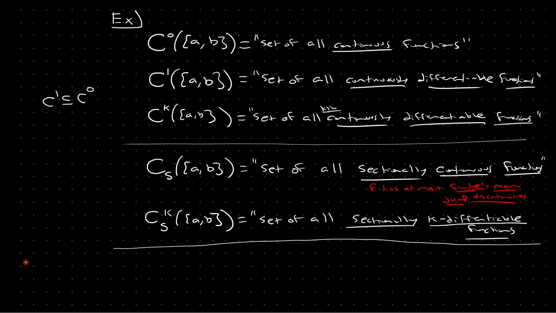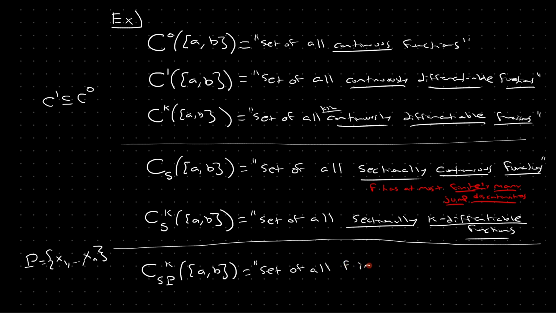So for instance, if you want to specify that a function has discontinuities in a set P, where P is x1 to xn, maybe it has n finitely many jump discontinuities, you can define the set CSP^k on the interval from a to b, which is the set of all functions in CS^k.